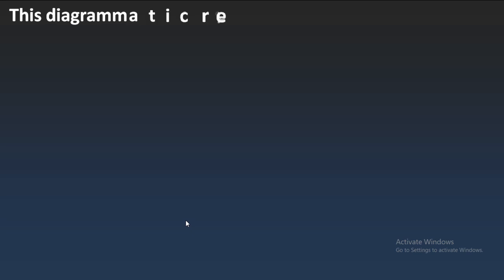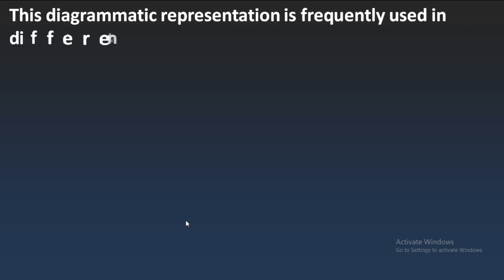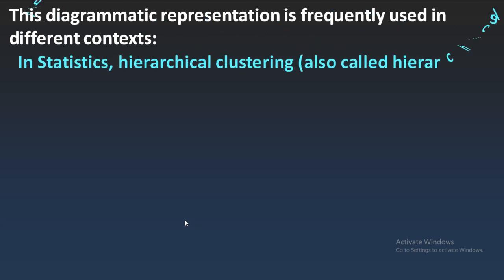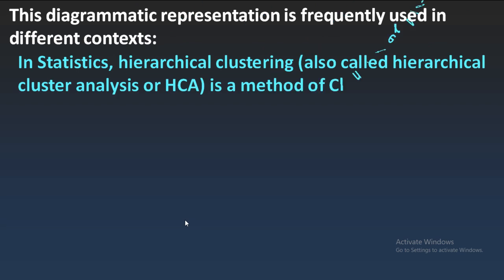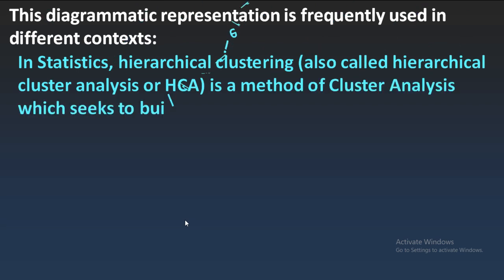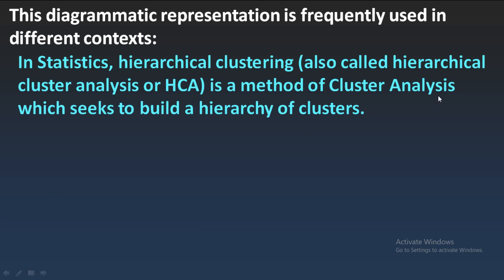This diagrammatic representation is frequently used in different contexts, like in statistics, the well-known hierarchical clustering, which is also called hierarchical cluster analysis, or in short form HCA, is a method of cluster analysis which seeks to build a hierarchy of clusters.